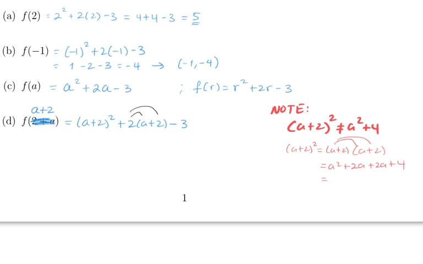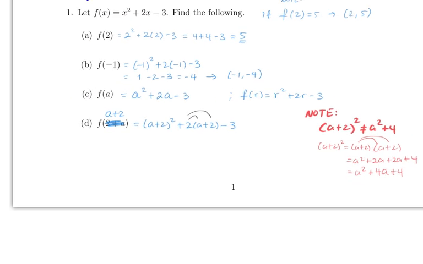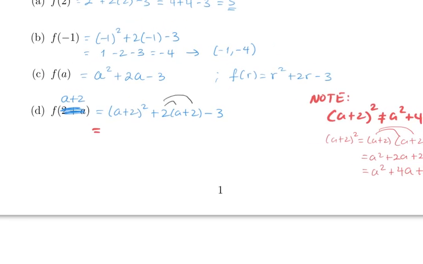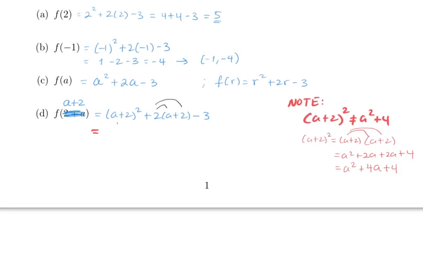So this is one of the few things that they actually do there a lot. And if you combine like terms, this equals a^2 + 4a + 4. Okay? So therefore, this part is going to give you a^2 + 4a + 4.